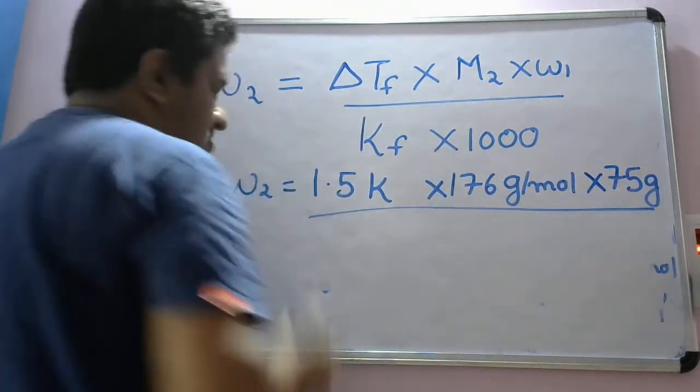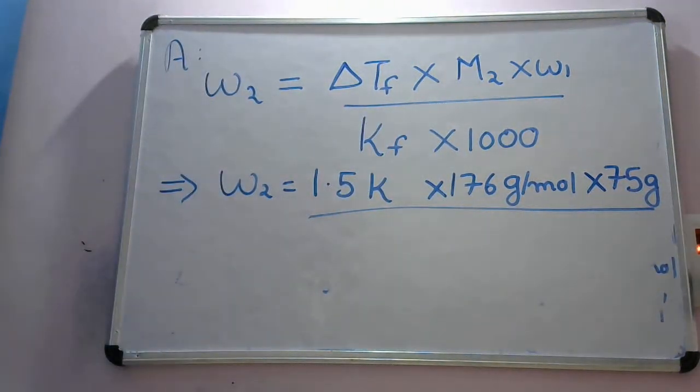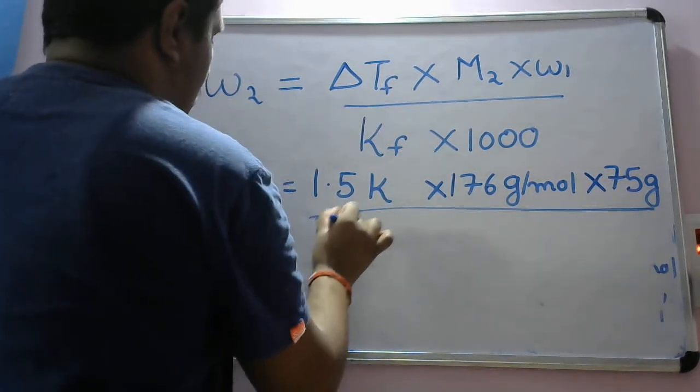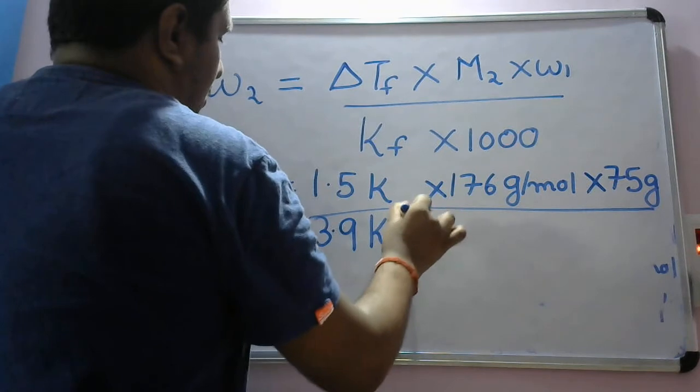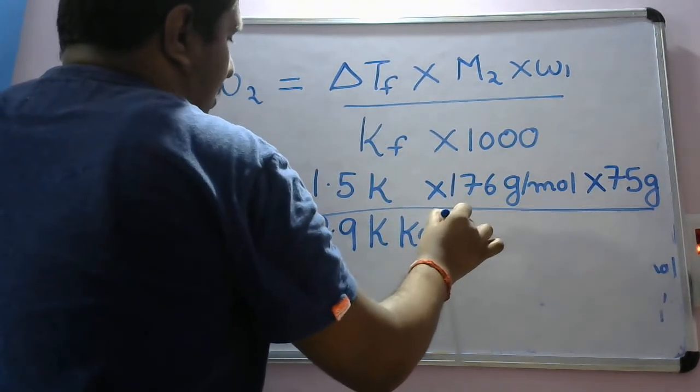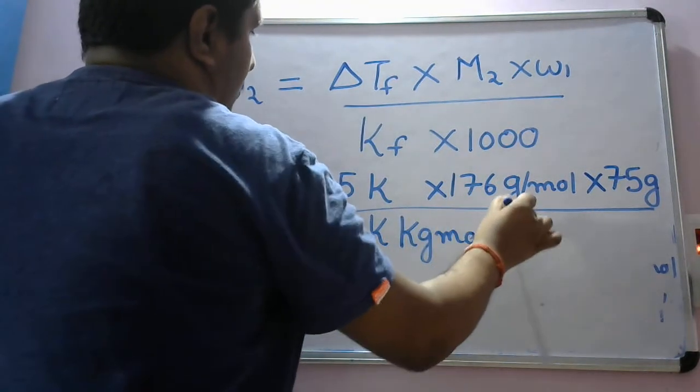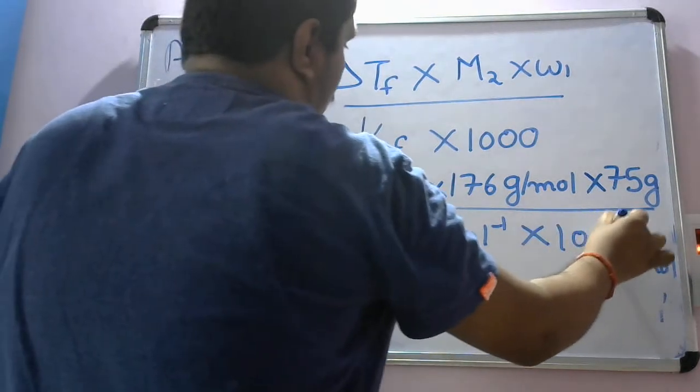Solvent is acetic acid, mass of solvent is 75 grams. Kf value for acetic acid is 3.9 Kelvin kg mole inverse, into 1000.